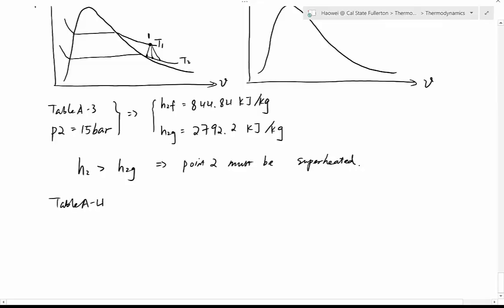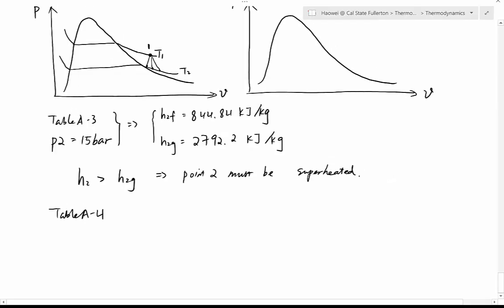And how do we use table A4? Do you remember? You have to have 2 inputs. One of them has to be pressure. P2 is given, 15 bar. And then second input, what else do we know about number 2? Do we know T2? No, we do not. But we do know another property about number 2, that is H2.